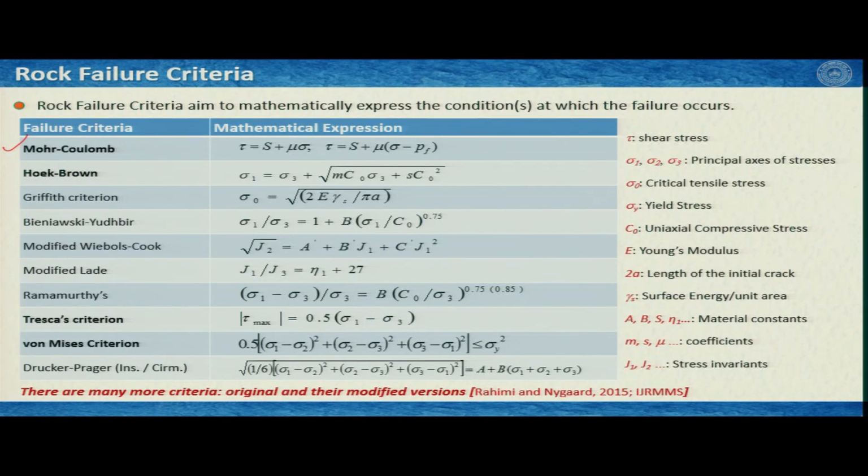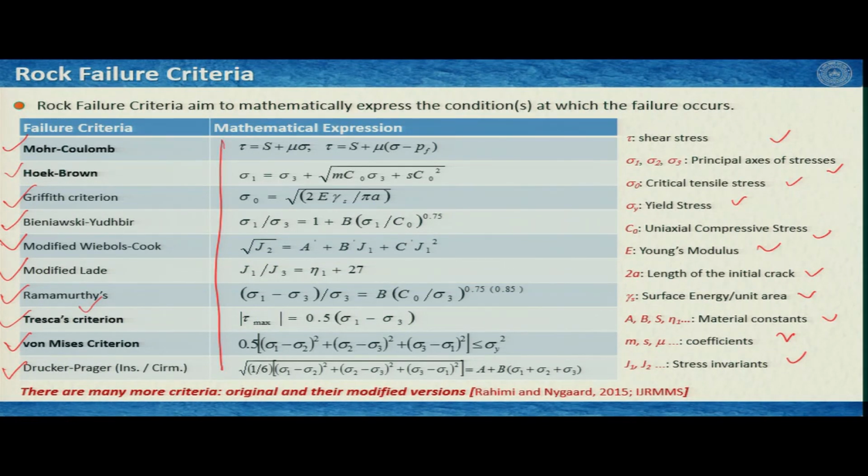So, Mohr-Coulomb we have learned, then there is Hoek-Brown, Griffith criteria, then Bieniawski-Yudhbir criteria, modified Wiebols-Cook criteria, modified Lade criteria, Ramamurthy's criteria, Tresca's criteria, von Mises criteria, and Drucker-Prager criteria. These are the mathematical expressions of all these failure criteria, and here I have given the explanations of the symbols I have used in these equations.